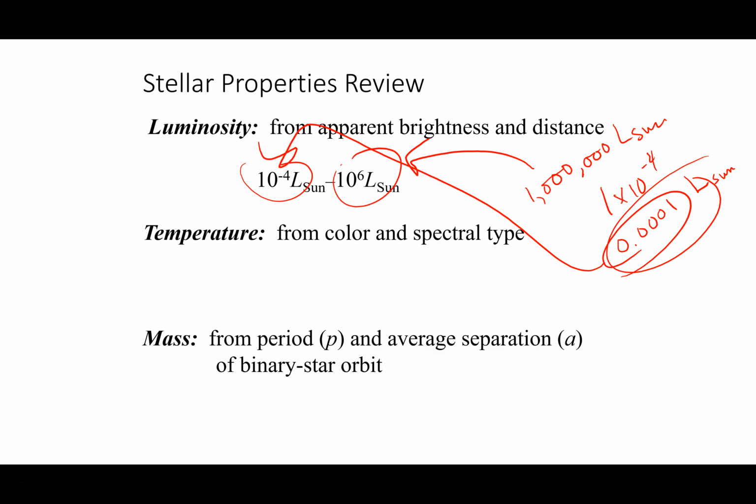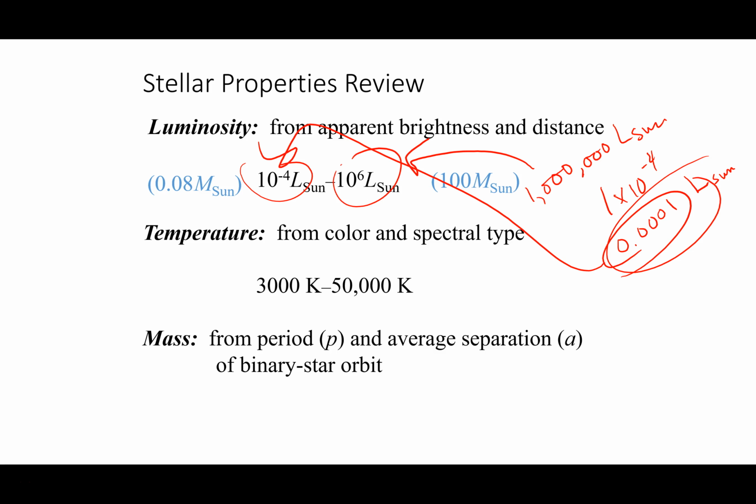We can know surface temperature from its color and its spectral type. Oh, sorry. So in blue here, I said luminosity-wise, the low luminosity ones are the lighter ones, and the high luminosity ones are the heavier ones, massive stars. Okay, so what are these blue numbers going to be here?